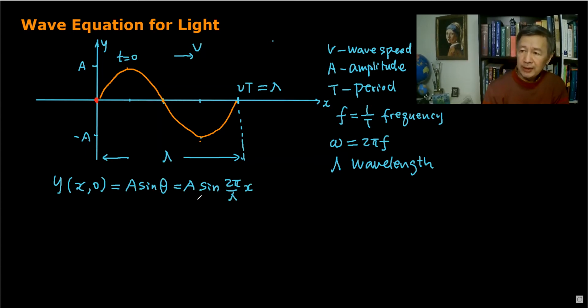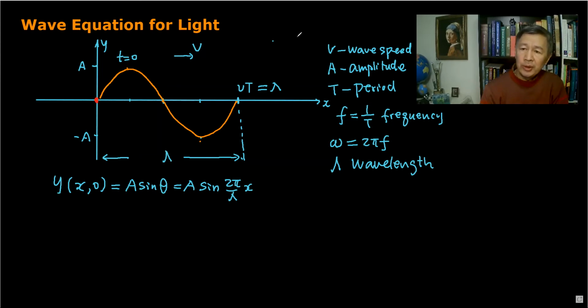These two notations are equivalent because we know that the period for sine theta is 2 pi. When x equals lambda, the period, the theta cancels. So that is the justification for how to describe this wave at the t equal to 0 moment.